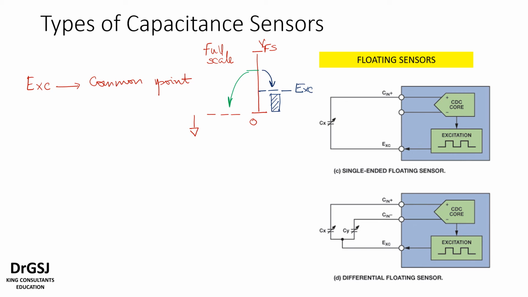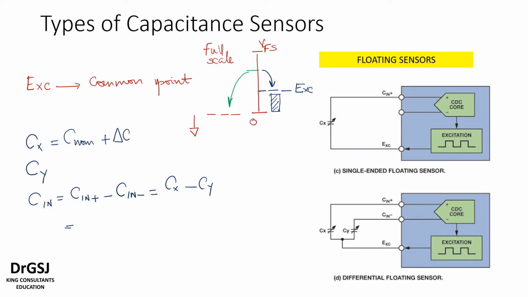The other commonality with respect to Cx and Cy remains the same here, and the effective C in is given as C in plus minus C in minus, which translates to Cx minus Cy, which further translates to the C norm getting reduced as in the previous case, C norm plus delta Cx, minus C norm plus delta Cy.